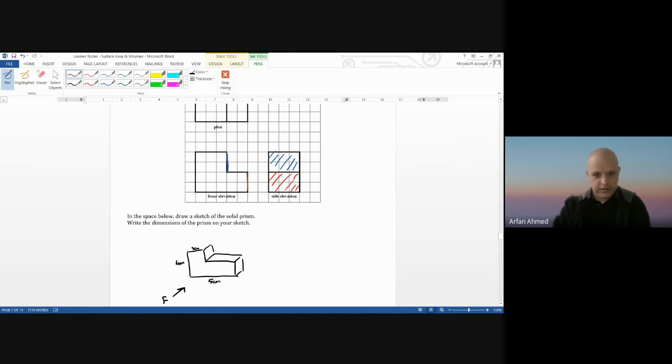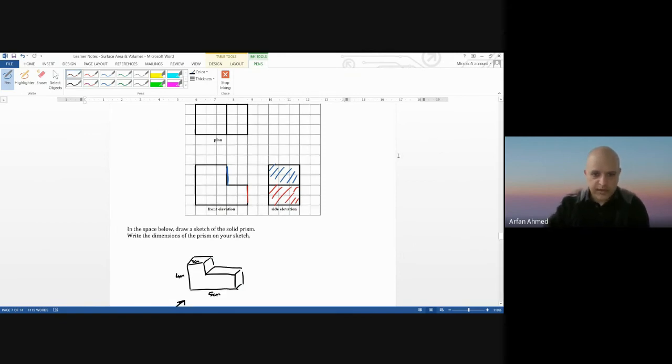When you do these as well, make sure you do it in a pencil, definitely in a pencil. You don't have to use a ruler for this because it's a sketch. That's better. That's good enough. That's pretty cool. That's what the shape looks like. Yeah, that's what it is.